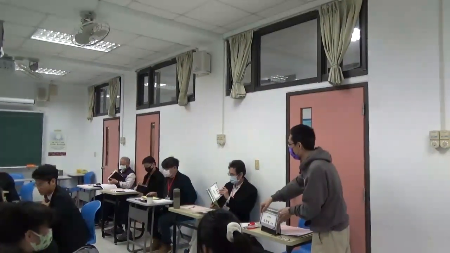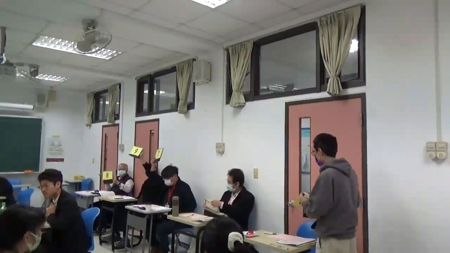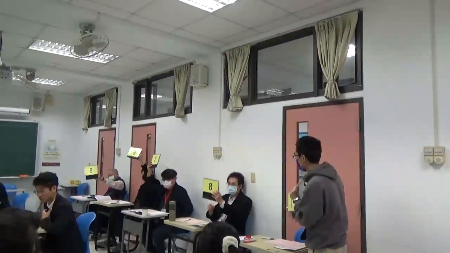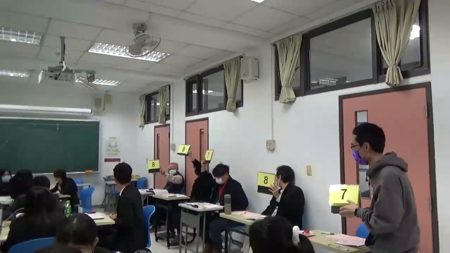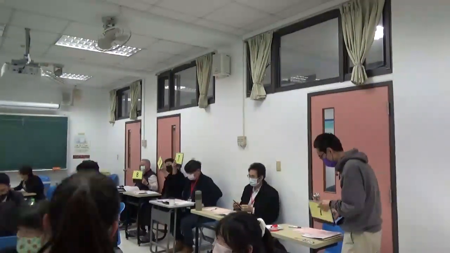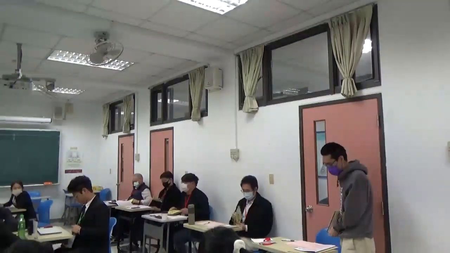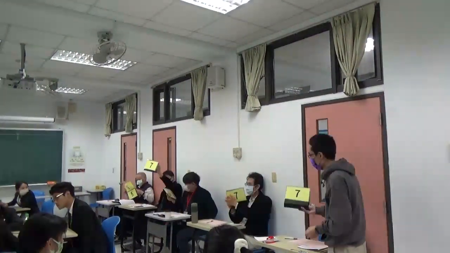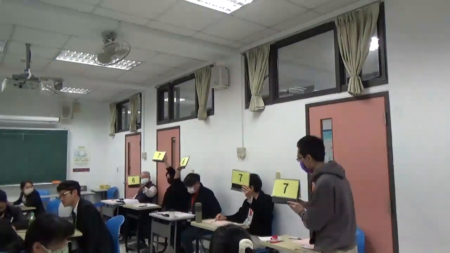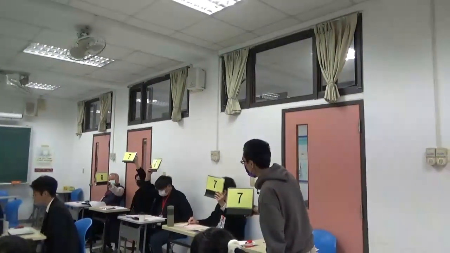Alright, so the scores for the reporter: 7, 8, 7, 9, and 8. Scores for the opponent: 7, 7, 6, 7, and 6.